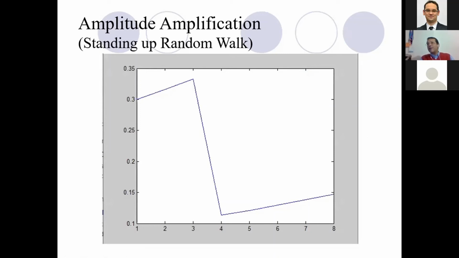Before I start this video to show you the behavior of this random walk, we are trying to amplify the amplitudes. It is similar to amplitude amplification, not as a job, but as a technique, like Grover's algorithm. We are trying to find a solution using amplitude amplification.